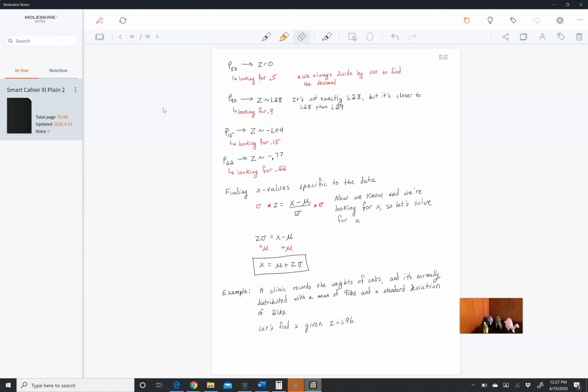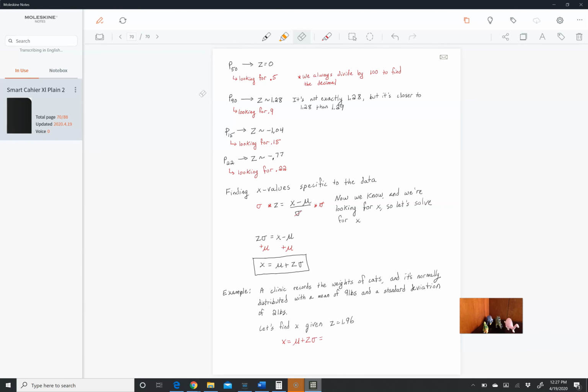Okay, so this is just a plug and chug. We know what z is, we know what mu is, we know what the standard deviation is. So x is equal to, I'll put this formula down again so that you know what we're using, mu plus z times the standard deviation.